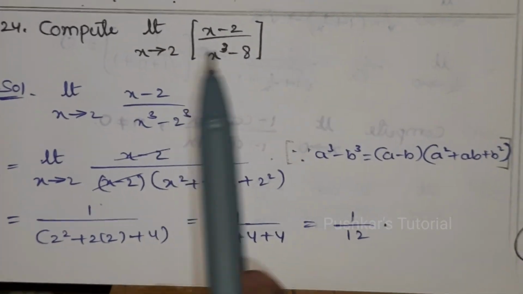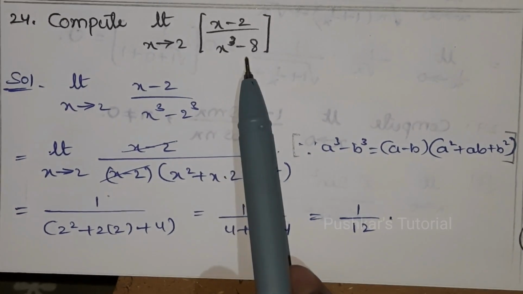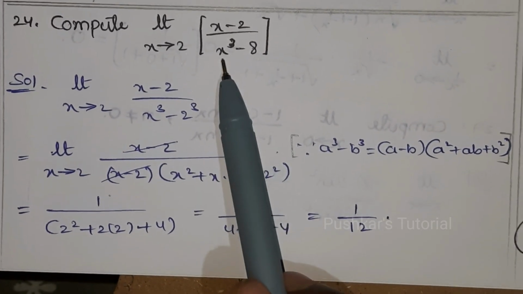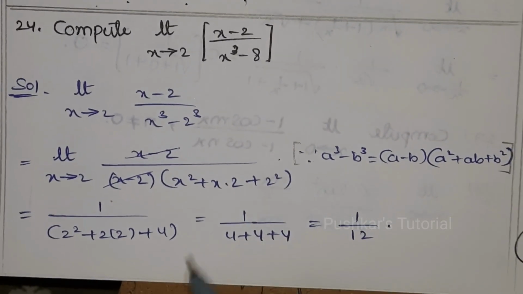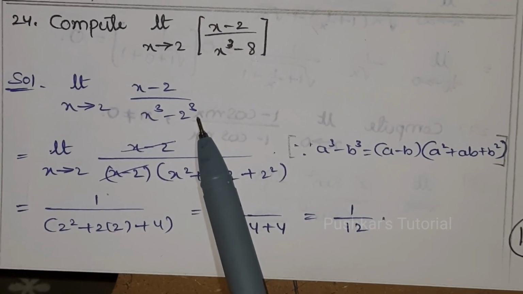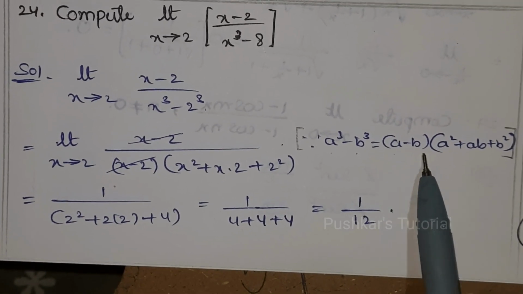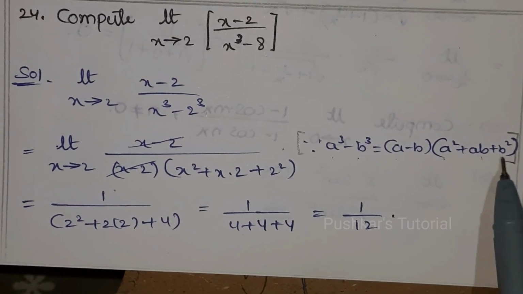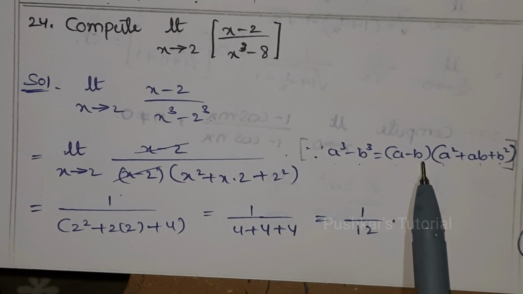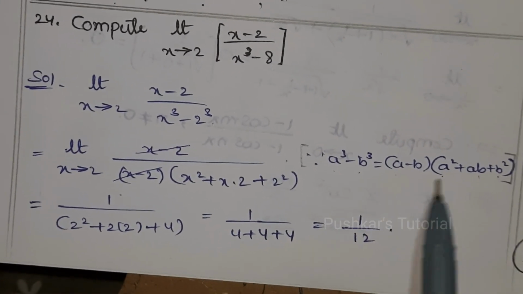Compute limit x tends to 2 of (x minus 2) by (x cube minus 8). Cube is there, so we try to write 8 also in terms of cube. 8 we can write as 2 cube. The denominator looks like the a cube minus b cube formula: (a minus b) into (a square plus ab plus b square). One more formula is there, but in this situation we have to take this one.